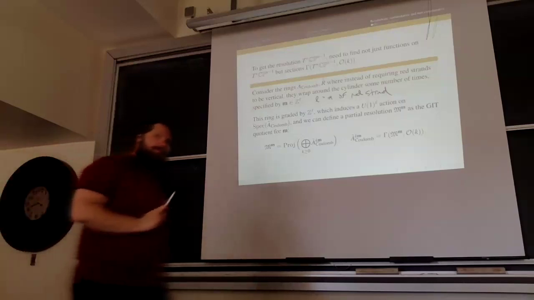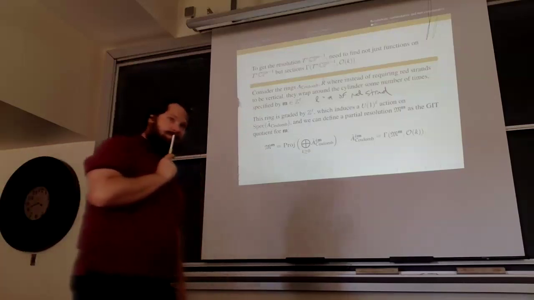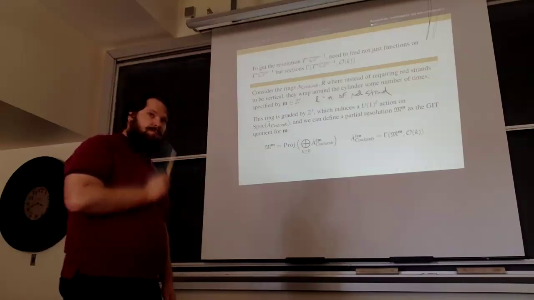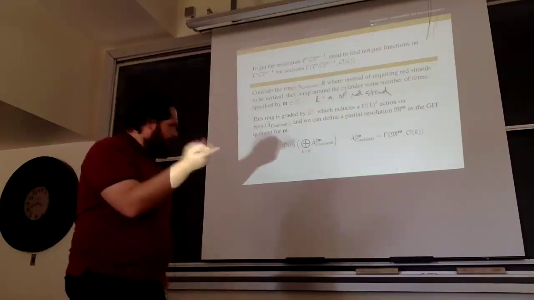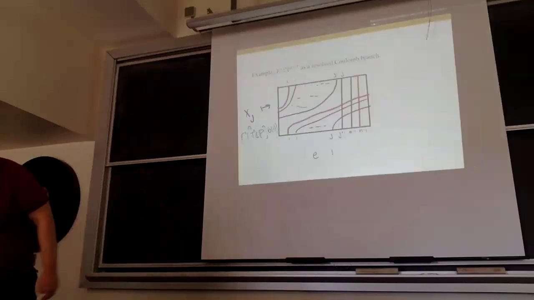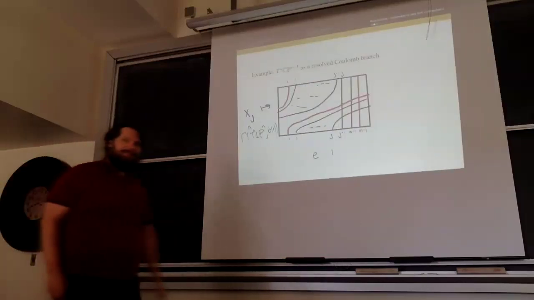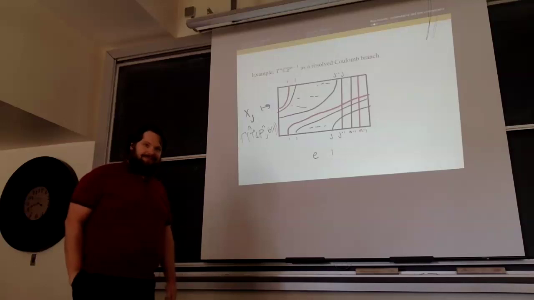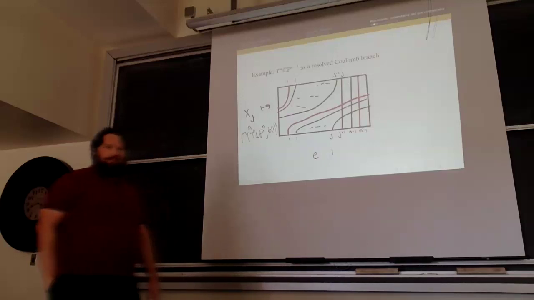When you say that, is it a formal number, or do you actually draw a picture where the red strand goes around? I actually draw a picture where the red strand goes around that many times, like this. So the red strands intersect. Yes. And you worry about the red strands intersecting? No, that's okay.